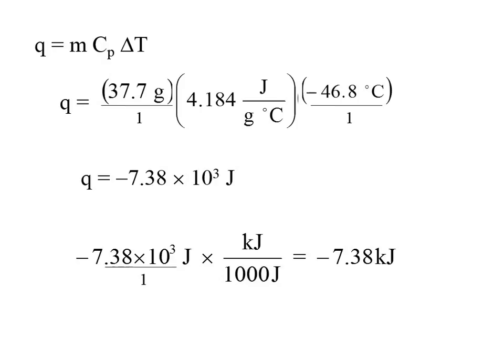So to convert from joules to kilojoules, we take negative 7,380 joules over 1 times 1 kilojoule over 1,000 joules. And we get negative 7.38 kilojoules. No, you can't just move the decimal place over 3 places. As tempting as it is.